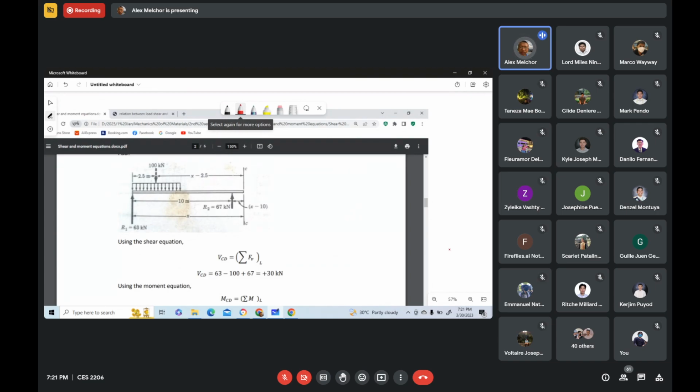So the moment equation for segment CD is equal to summation of moments, considering the left portion of the section. So you sum up moments about that axis there, perpendicular to the screen, and we consider upward force again, positive moment.